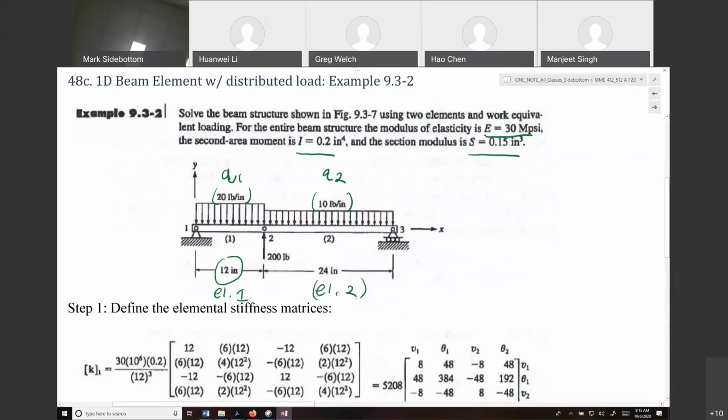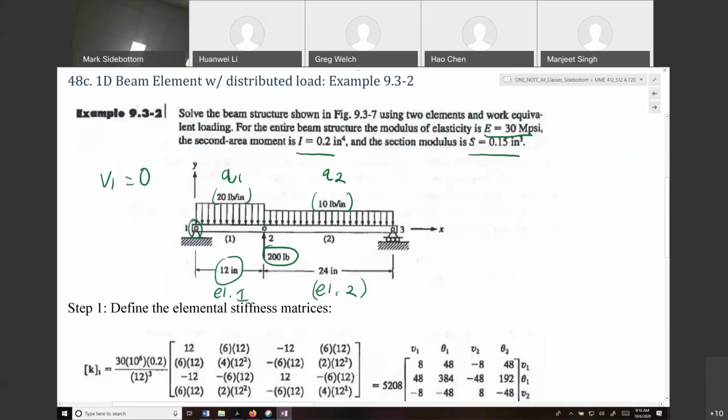So we have a concentrated force of 200 pounds acting at node 2. And then we have some unknown forces. At node 1, because it's a pin joint, we know that the displacement at node 1 must be equal to 0.